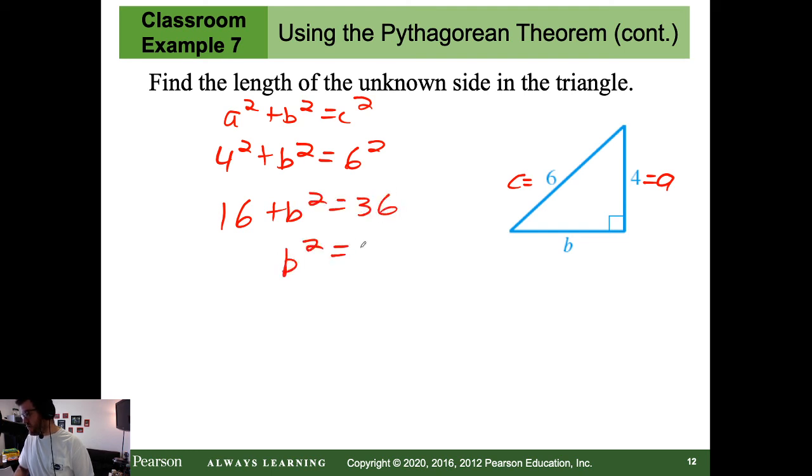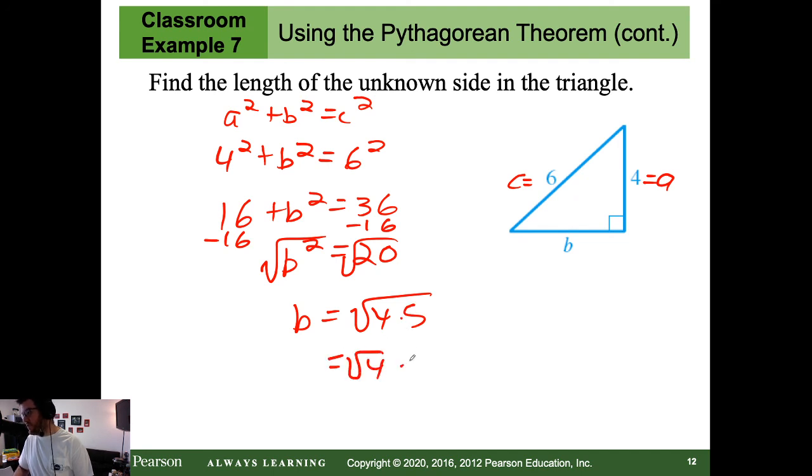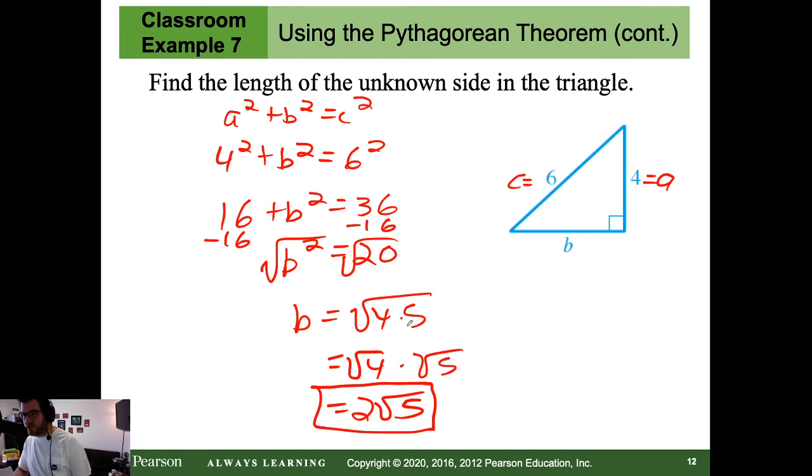B squared equals 20 after subtracting 16 there and subtracting 16 there. So then I recognize that once I take the square root of both of those, I get b equals the square root of 4 times 5, which I can write as the square root of 4 times the square root of 5, which is really 2 times the square root of 5. So again, 20, 4 times 5, I'm just thinking of those greatest perfect squares that go into it. Separate them. Take the square root if you can, and you're done.